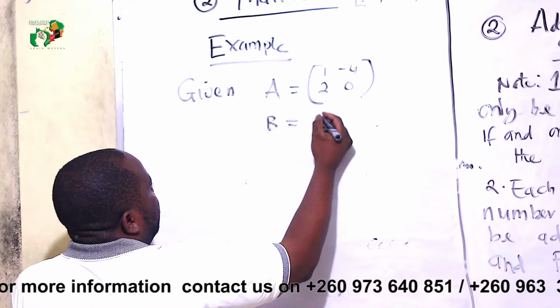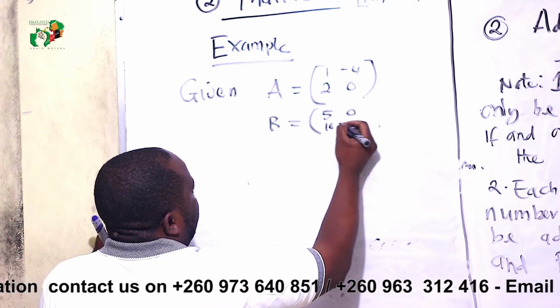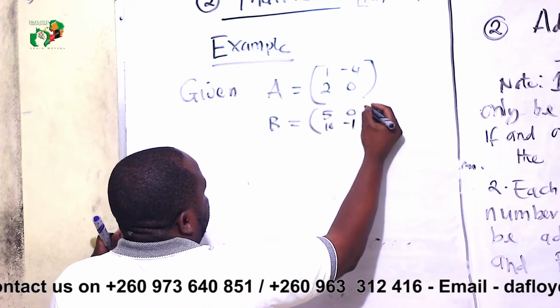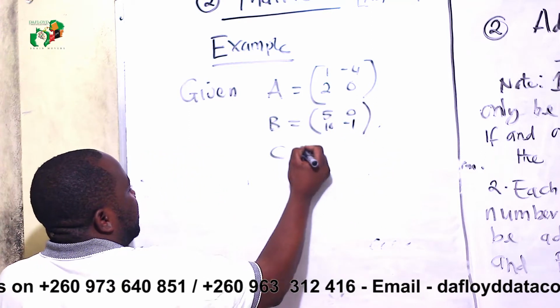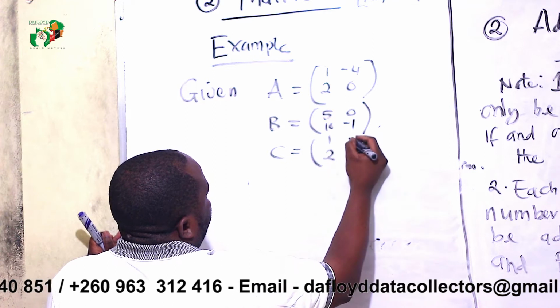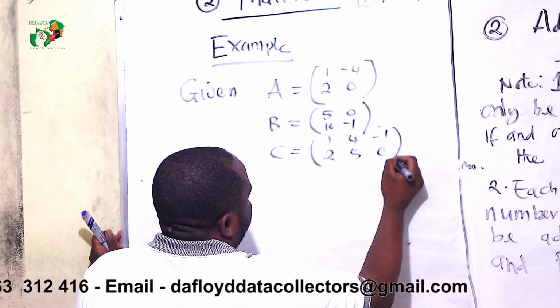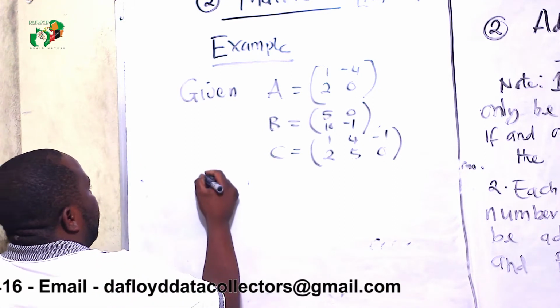Matrix B is equal to 5, 0, 10, -1. Then matrix C is equal to 1, 2, 4, 5, -1, 0. Then they say evaluate.